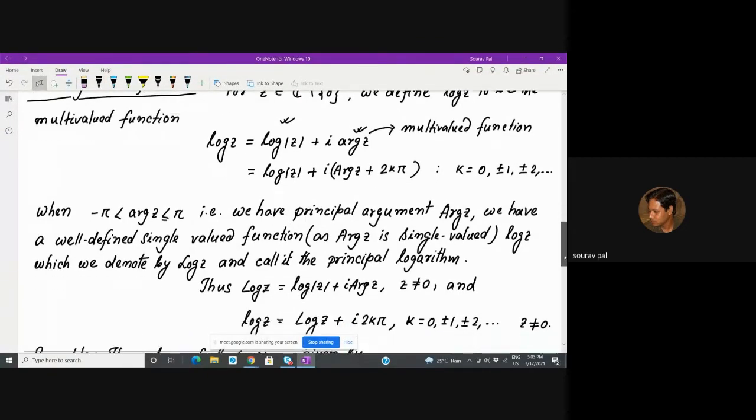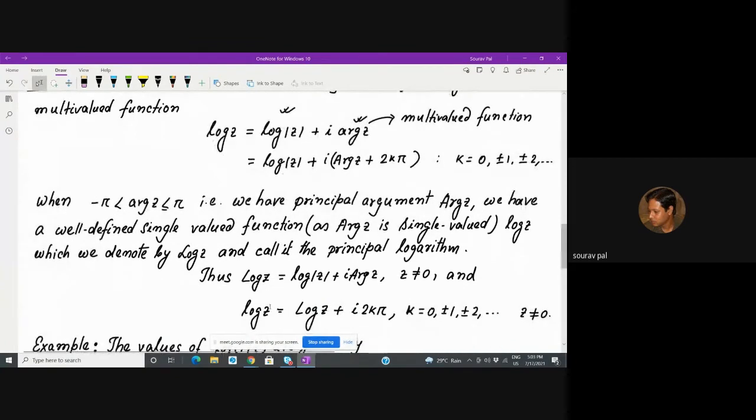So we have all the values of log z, if you just look at this line and this line together, it is the principal logarithm plus 2k pi i, where k runs over all integers.